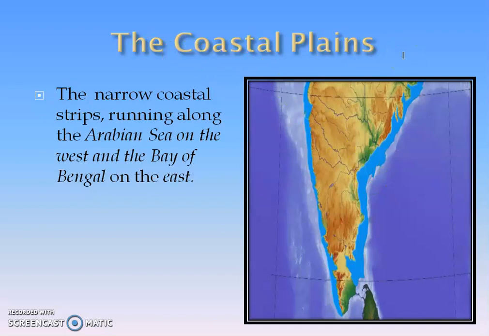They have been divided into two parts. The western part is known as the western coastal plains and the eastern part is known as the eastern coastal plains. Let's talk about them in detail.